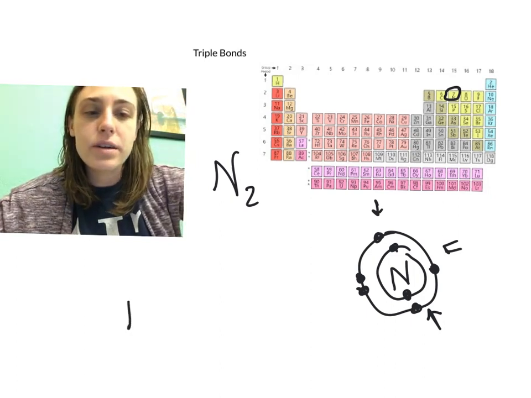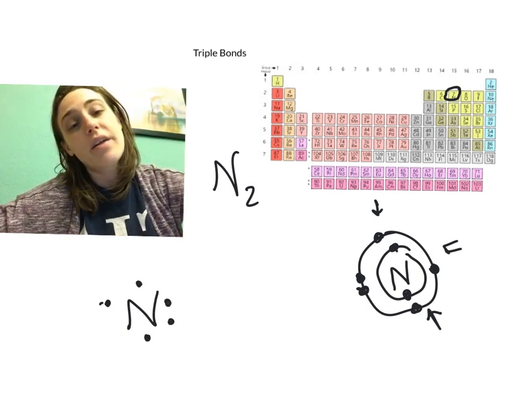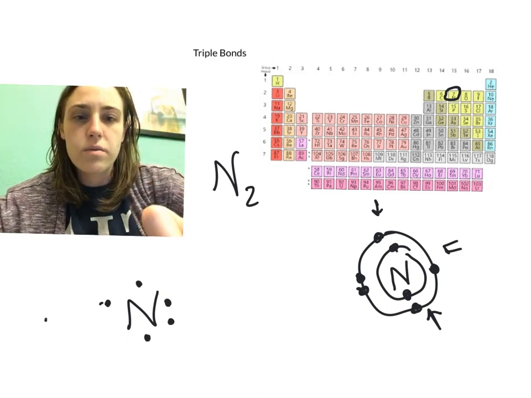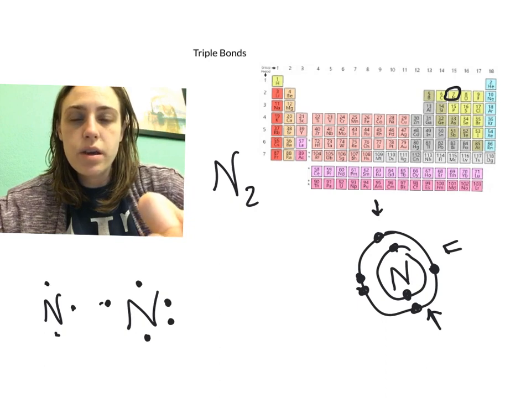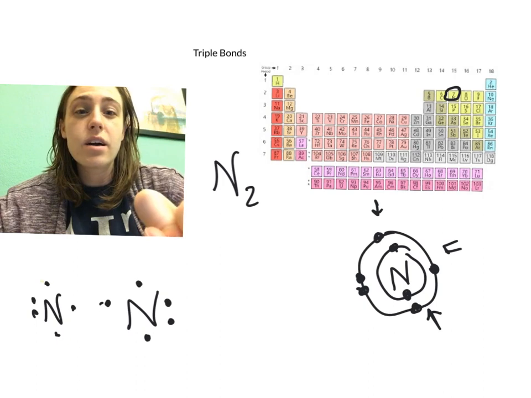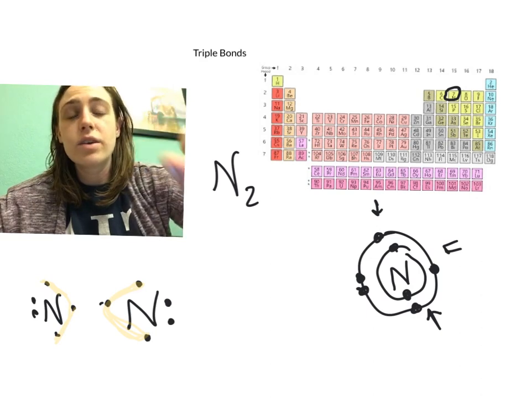So if I draw my Lewis dot, I'm going to draw 1, 2, 3, 4, and 5. Now on the other side, I'm going to do the exact same thing. I'm going to draw another N, 1, 2, 3, 4, and 5. I'm going to take all 3 of these electrons right here, and then you're going to share them.